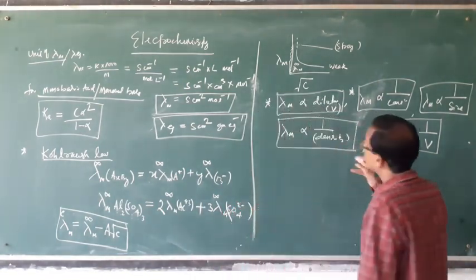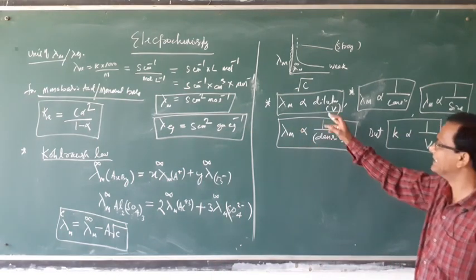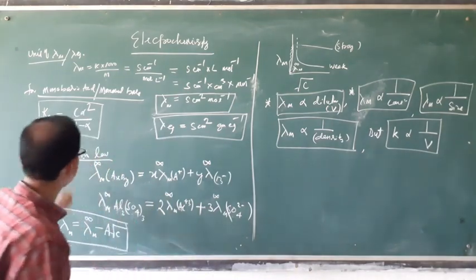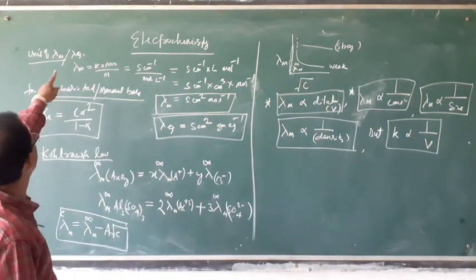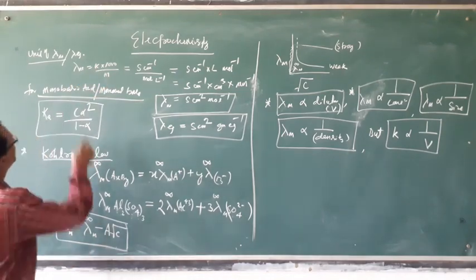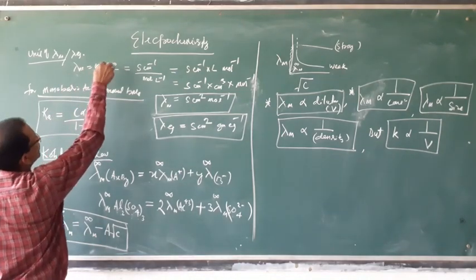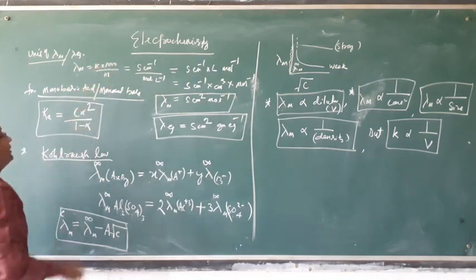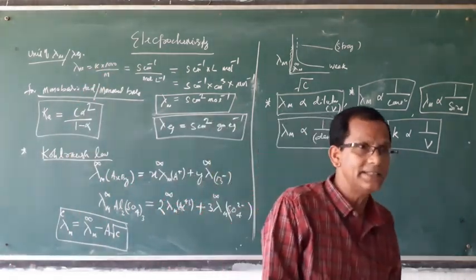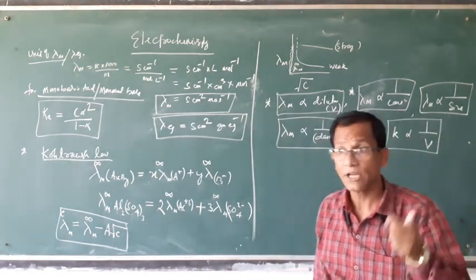But compared to this, there is a very important thing. What is the formula for lambda m? Lambda m is equal to kappa into volume. When volume increases, kappa decreases but lambda m increases.